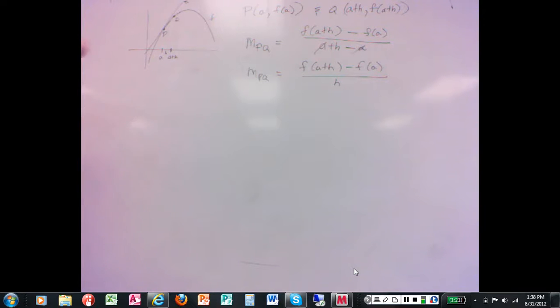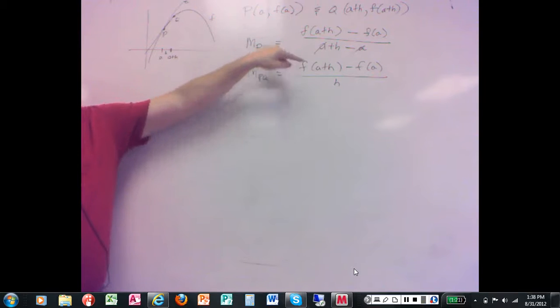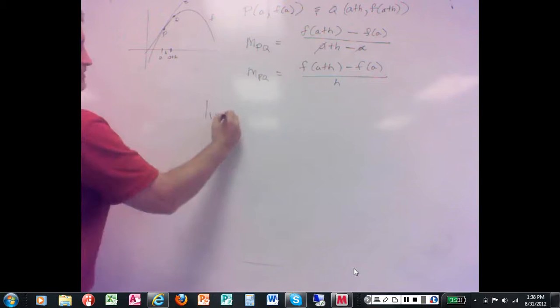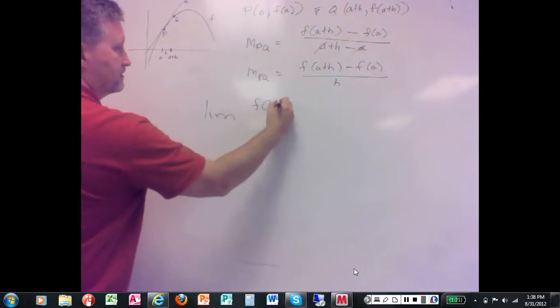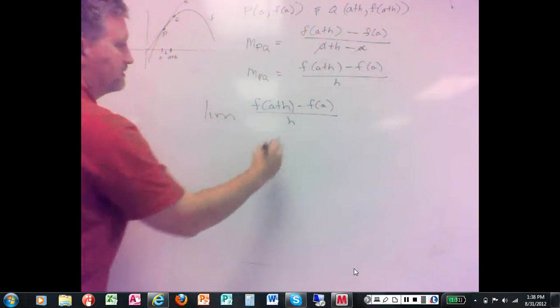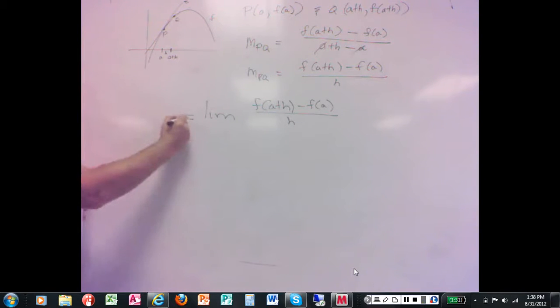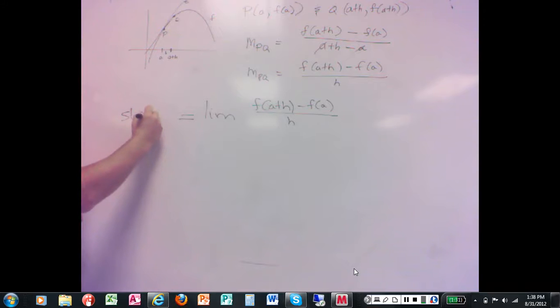Now, if I take the limit of this, and let these increments get smaller, h get smaller and smaller, what is that going to give me? That's going to give me the slope of the tangent line. Right?